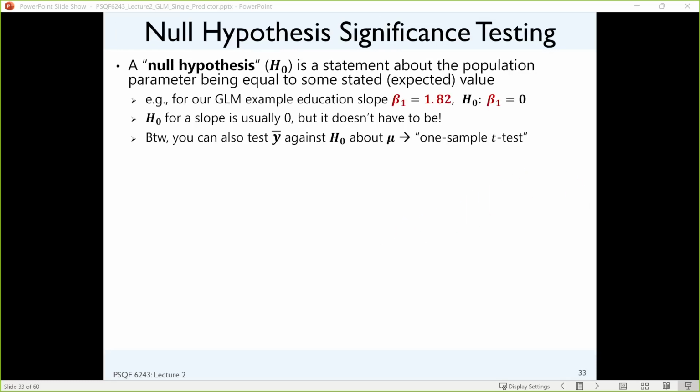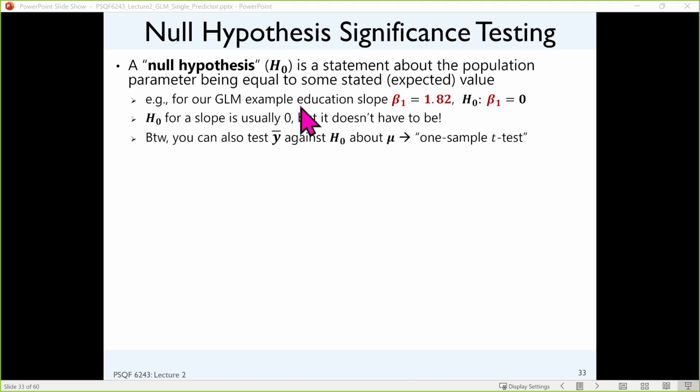Okay, so then we have a null hypothesis formally written as H0, and it's a statement about what is expected. In the context of an expectation for a slope, the null hypothesis that people are almost always going to test is that it's 0.